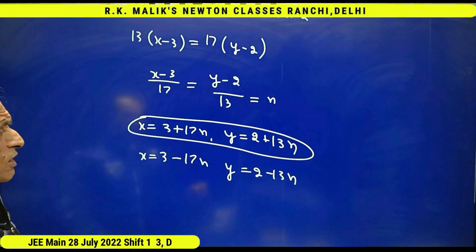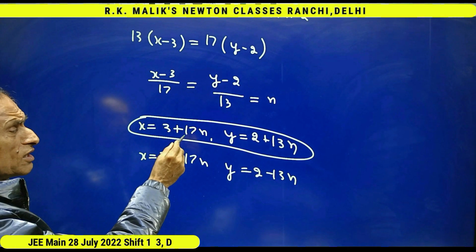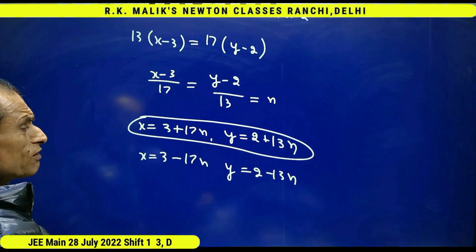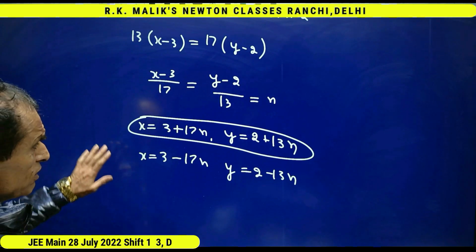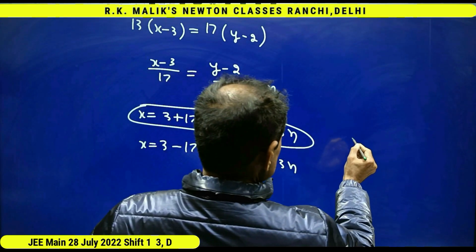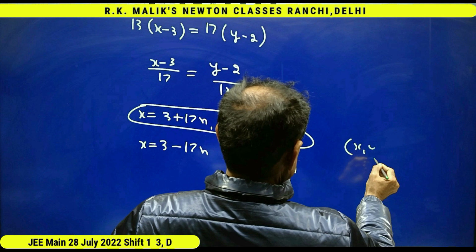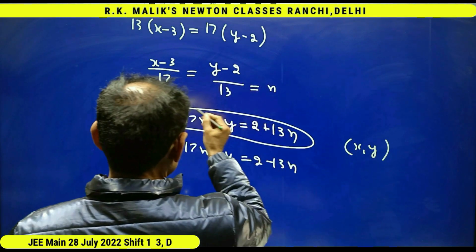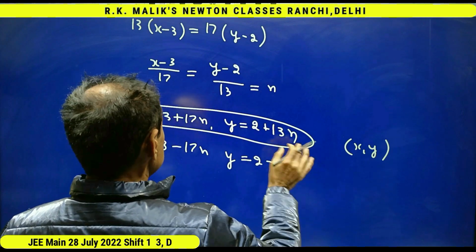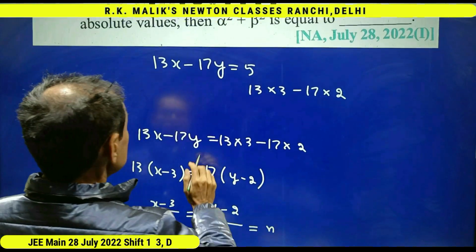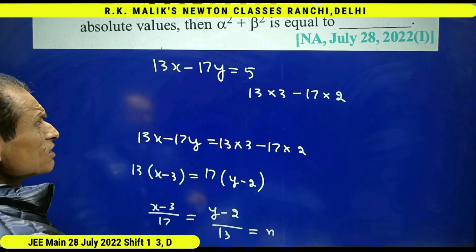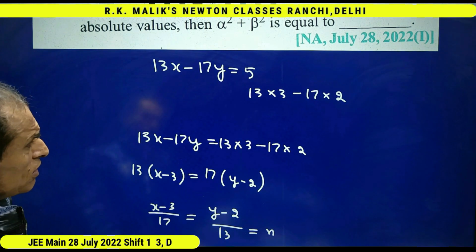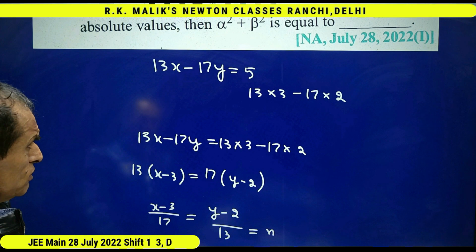That is, go on putting integral values of n, you'll go on getting values of x and y, and every ordered pair (x, y) obtained from here will satisfy the given equation. In this way you can find an infinite number of integral solutions.